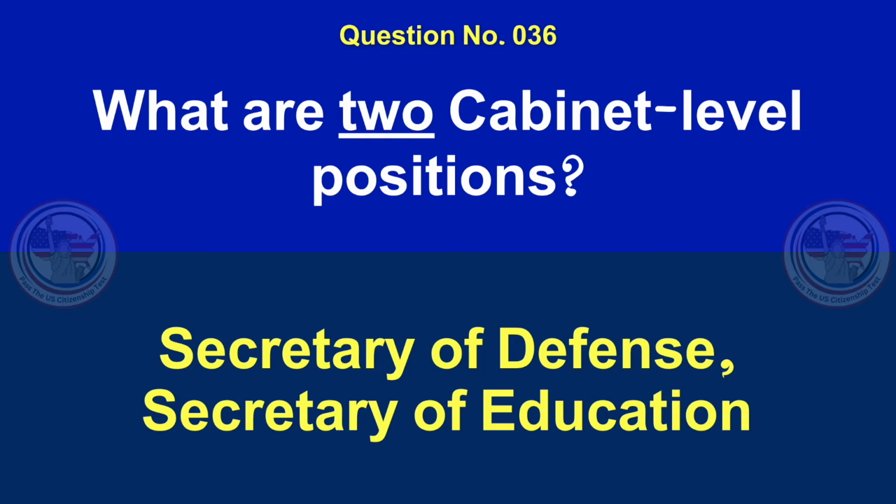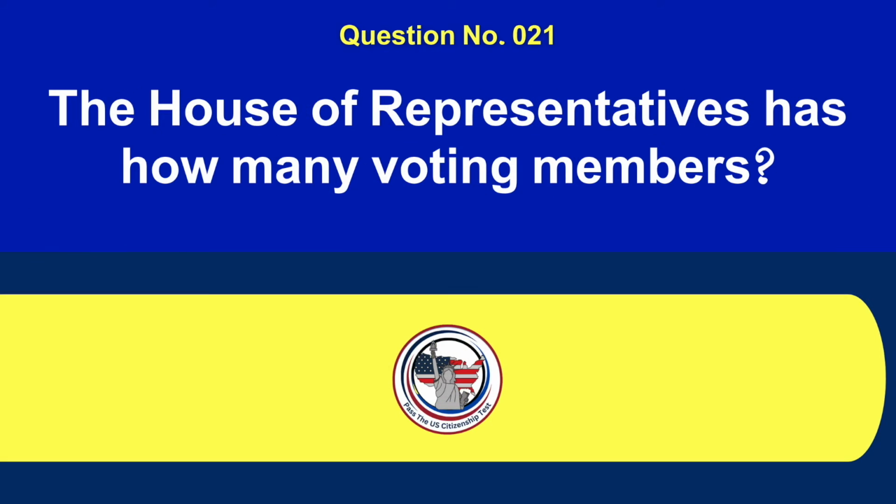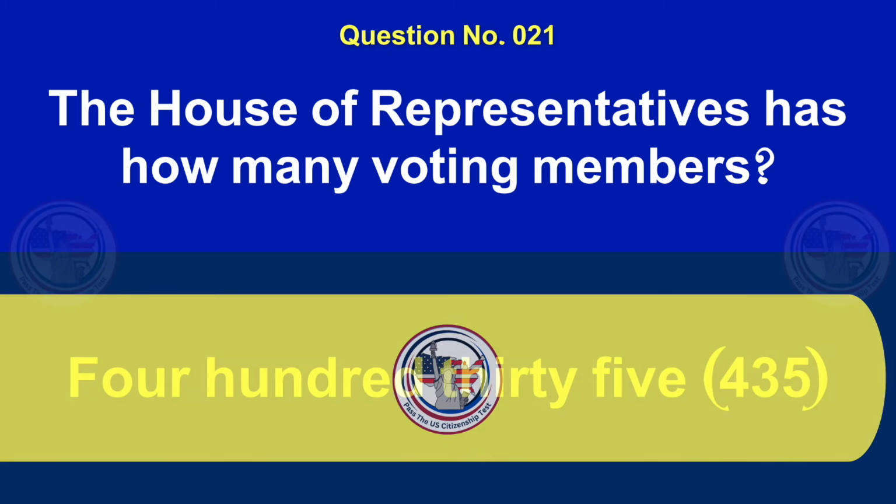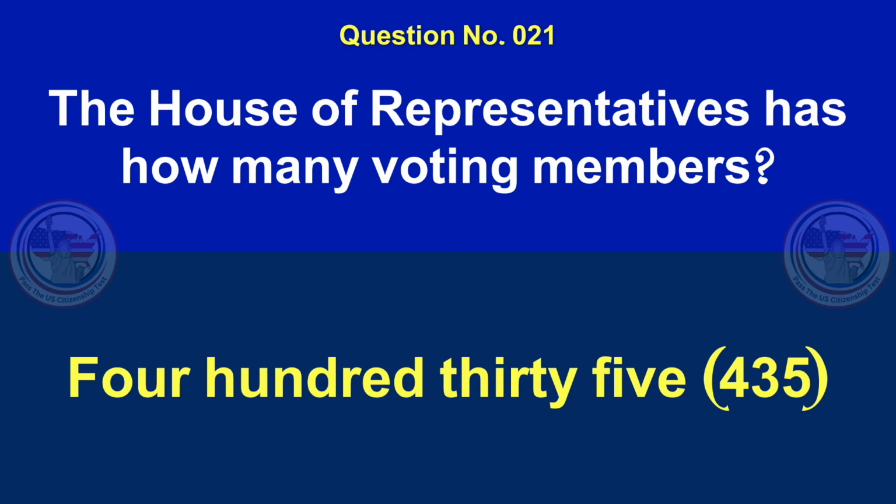Secretary of Defense, Secretary of Education. The House of Representatives has how many voting members? 435.